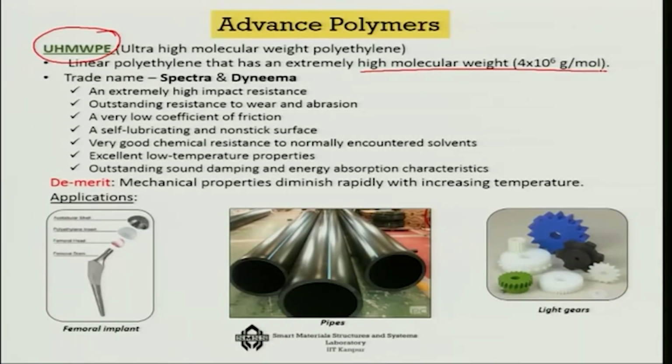Okay, what is the significance of high molecular weight? That means each chain itself is so long that it gives you a high melting point, high mechanical strength, and a high modulus of elasticity, etc. There are two trade names of it, one is Spectra, another is Dyneema, and both of them have extremely high impact resistance, high resistance to wear and abrasion, very low coefficient of friction.